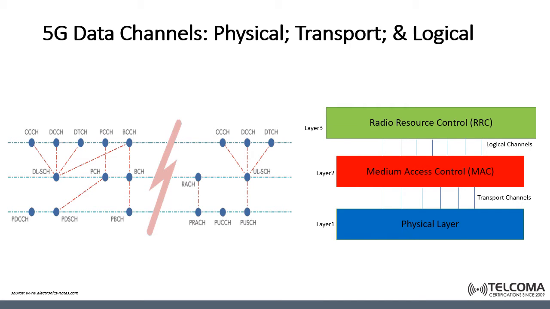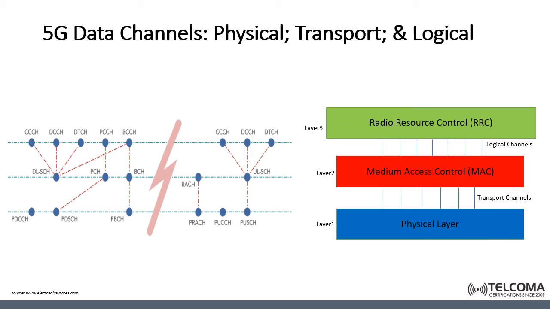The second layer of the protocol stack of the 5G system or 5G New Radio is the MAC layer, which is the media access control. And the media access control layer is performing many functions and many services. We can mention some of them. So the MAC layer is providing many functions like the mapping between logical channels and the transport channels.